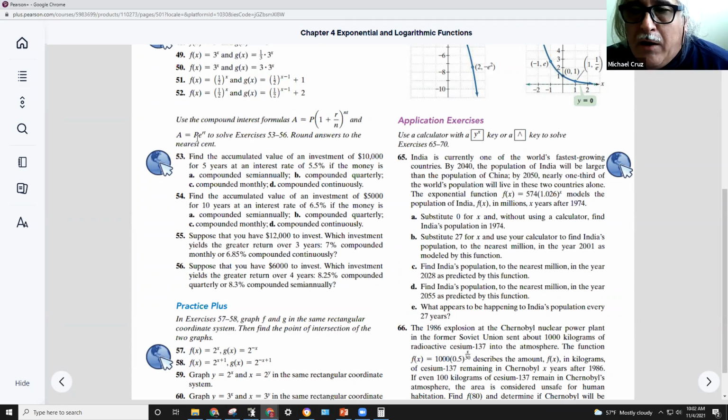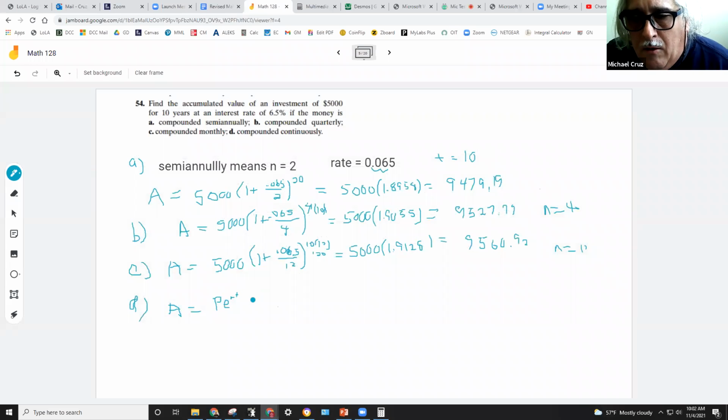I don't have to worry about an n here because it's not being broken up into intervals or compounding periods. It's compounded continuously. So this is going to be 5,000 times e. The r is still 0.065, and now notice that it's in the exponent now, times t of 10 years.